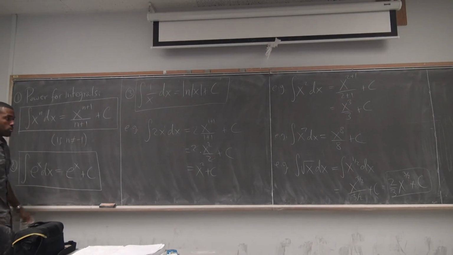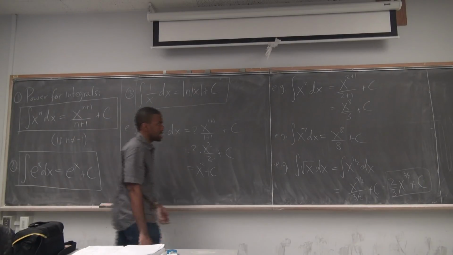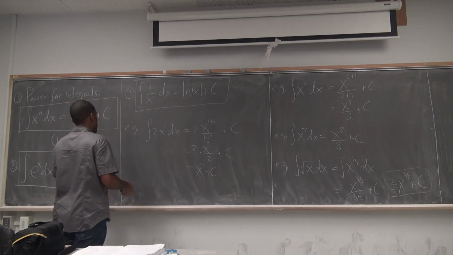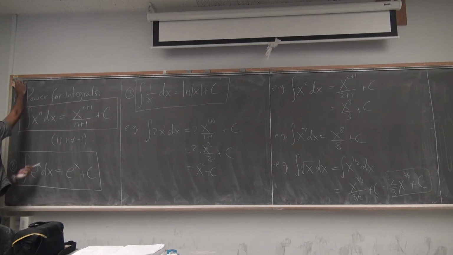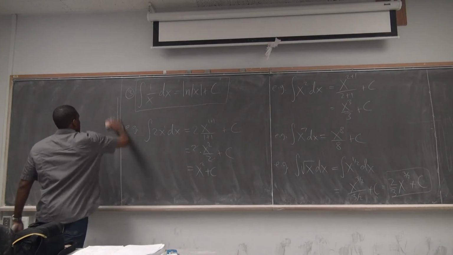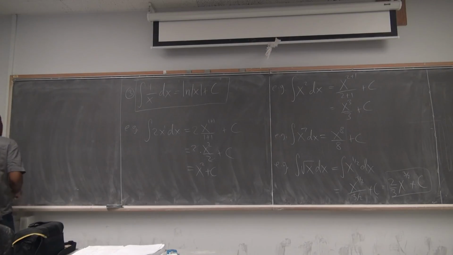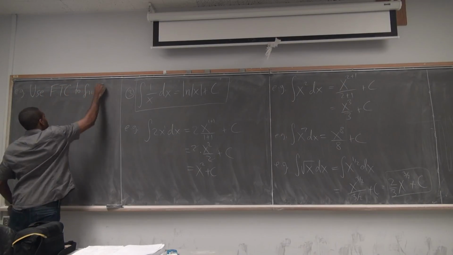Just by reversing the power rule for derivatives, I get the power rule for integrals, which is in some sense the reverse of the derivative, not exactly because of this plus c. We could have a constant there. So these rules are important. These are just rules we know now. The fundamental theorem of calculus to find the following.